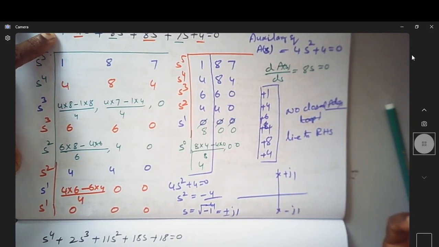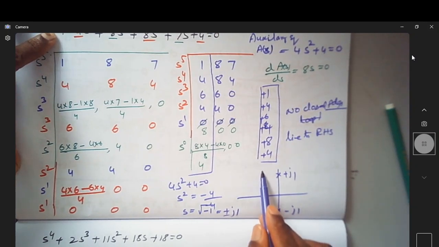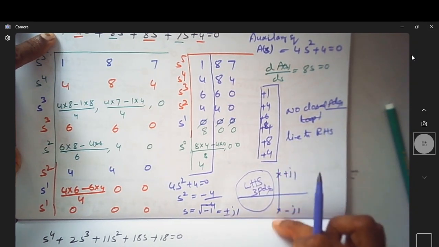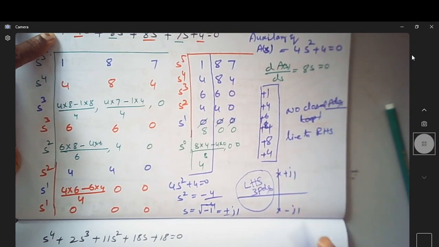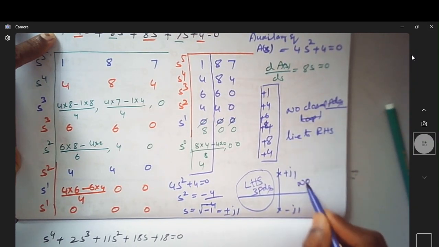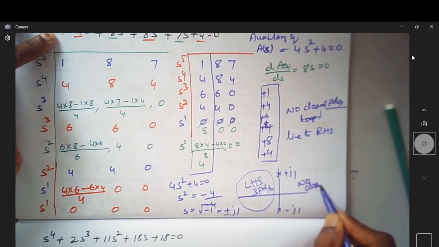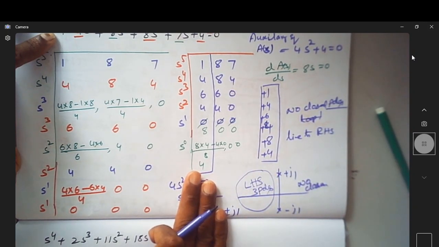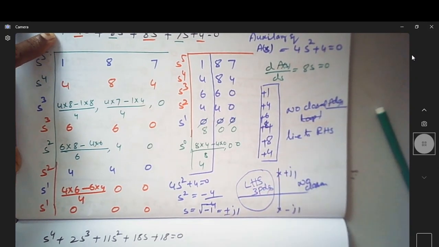Where about the remaining 3? Remaining 3 will be there on the left hand side. So left hand side you have 3 poles. On the imaginary axis 2, none to the right. So here there are no closed loop poles on the right hand side. 3 are on the left hand side, 2 are on the imaginary axis.